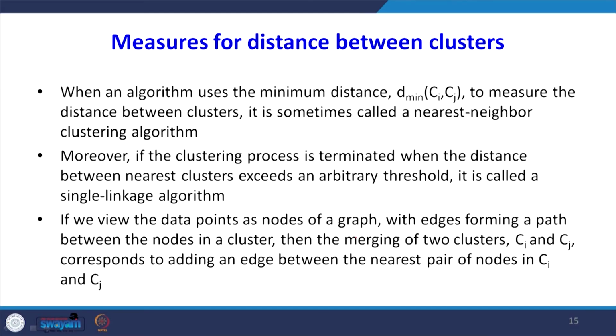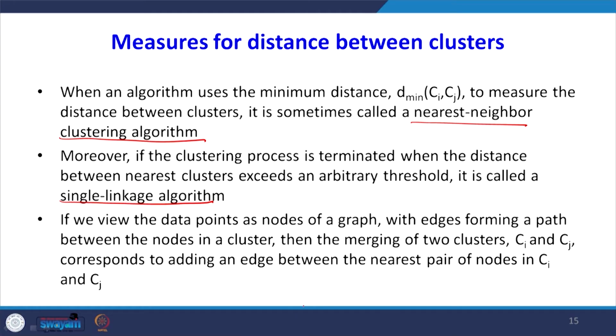When an algorithm uses the minimum distance, that is d min between ci and cj, to measure the distance between clusters, it is sometimes called the nearest neighbor clustering algorithm. I will show it in a picture in coming slides. Moreover, if the clustering process is terminated when the distance between the nearest clusters exceeds an arbitrary threshold, it is called the single linkage algorithm.